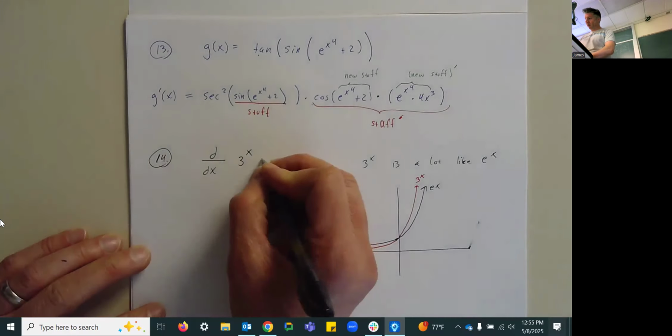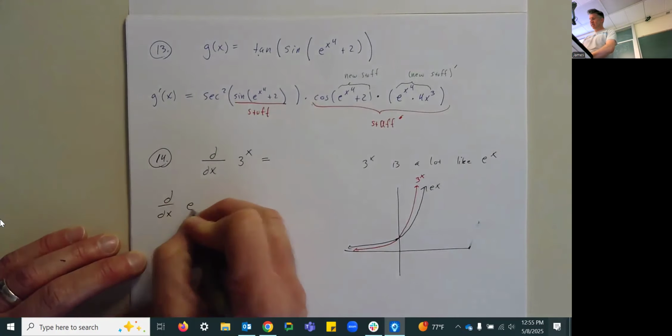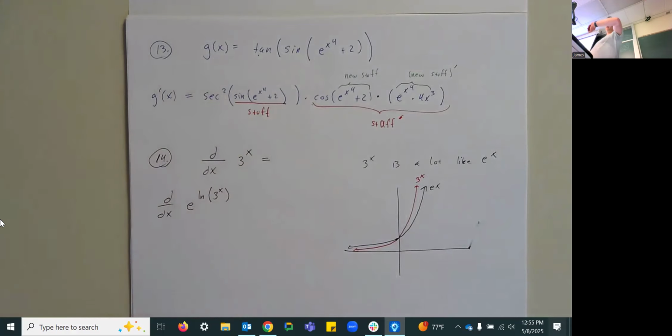We're going to rewrite this as the derivative of e to the natural log of 3 to the x. This is a common way of getting around having an exponent or a base that's problematic. I'll remind everybody, when you do e to the natural log of some stuff, the e and the natural log could undo each other, so these really are equal to each other.